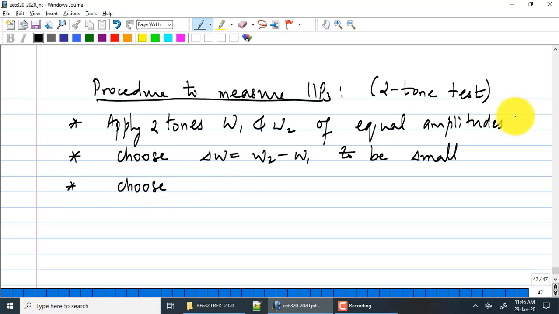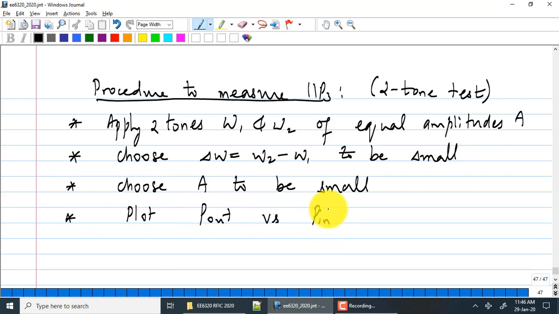So it is important to choose A also to be small, so that you get the appropriate linear curves when you plot P out versus P in. You had a question? Okay.